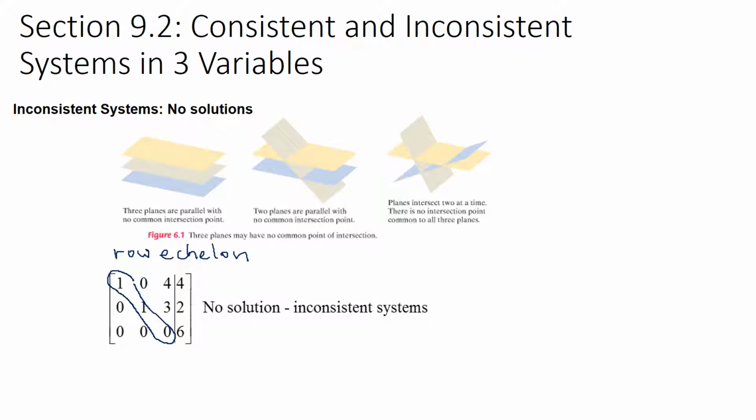Without the ones across the diagonal, what that means is that in this bottom row, we're missing a 1 at this point. That means that the third variable in the equation, often known as the z variable, does not have a solution.